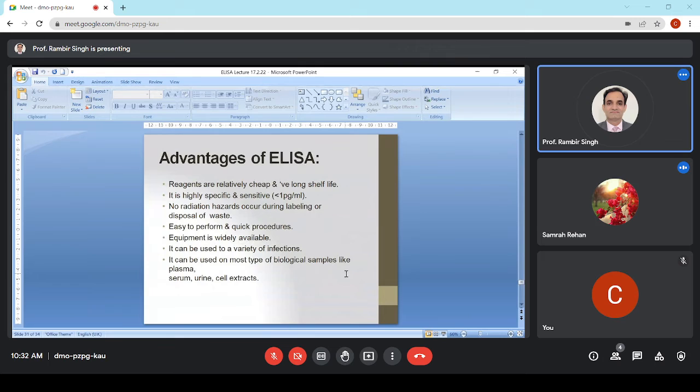Now the advantage of ELISA as compared to RIA, because both techniques are used. The advantage of ELISA is that the reagents are relatively cheap and have a long shelf life. And it is specific, and also it gives good sensitivity and no radiation hazard, because one problem with RIA is that we are using radiation. If we are using radiation, it is hazardous.